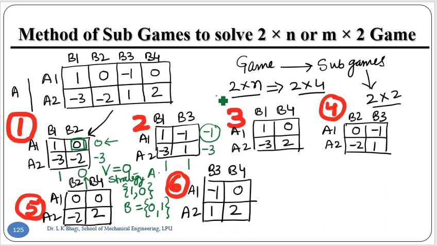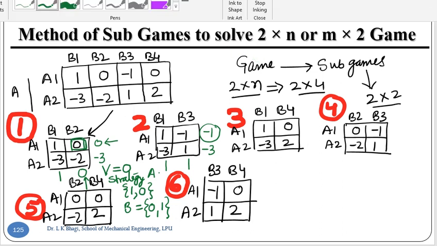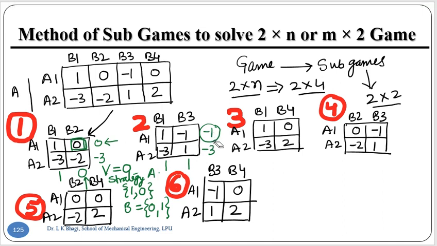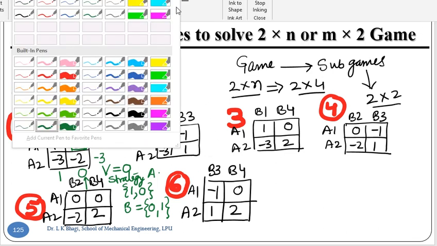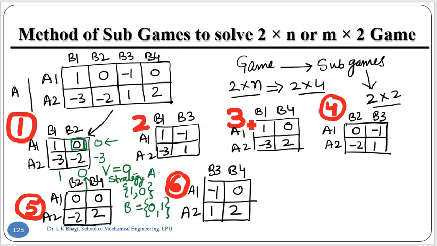So for the unstable game, I'm going to use the arithmetic method. I'm going to write the values. In the arithmetic method, large minus small: 1 minus minus 1 is 2, and write over here.